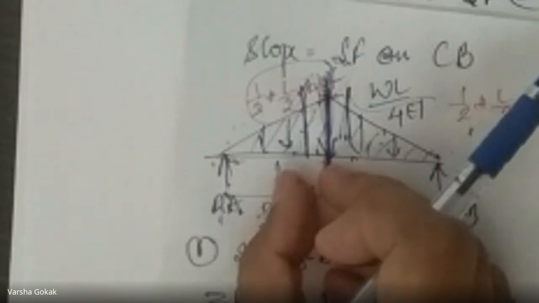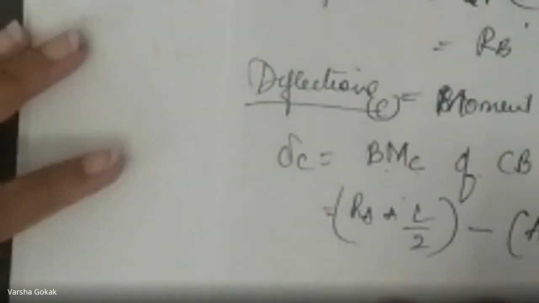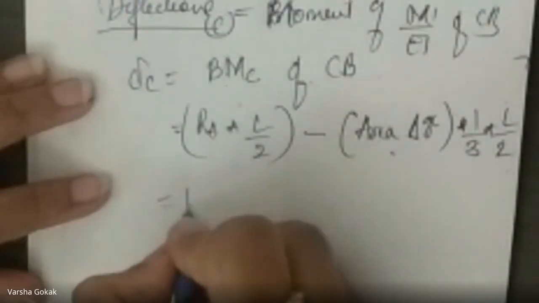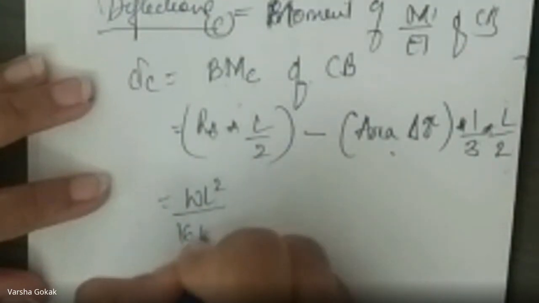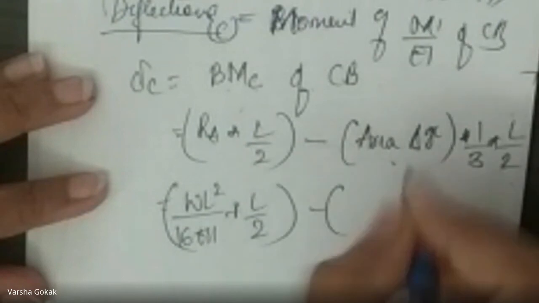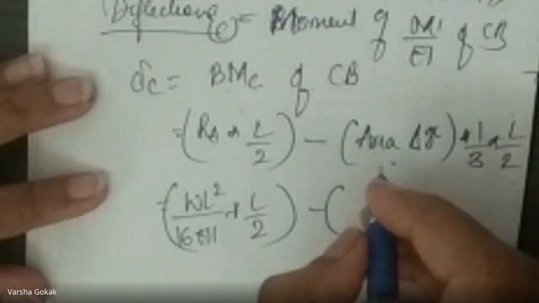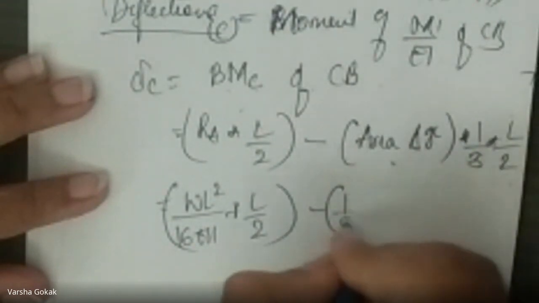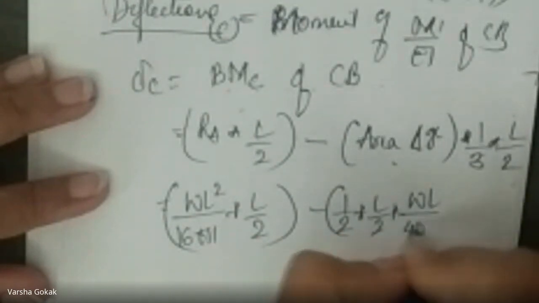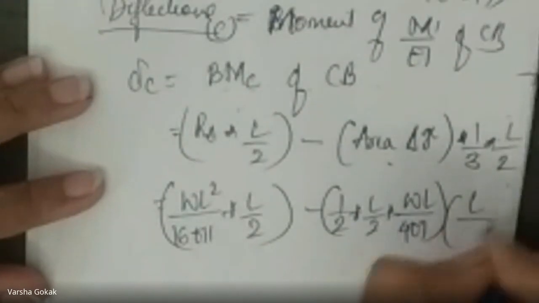This force is nothing but the area of the triangle. So force is area, into 1/3 of L by 2. Substitute the value of RA. What is the value of RA? W L square by 16 EI into L by 2, minus the area of the triangle we had already calculated, the small triangle, that is half, base is L by 2, height is WL by 4 EI, into L by 6.